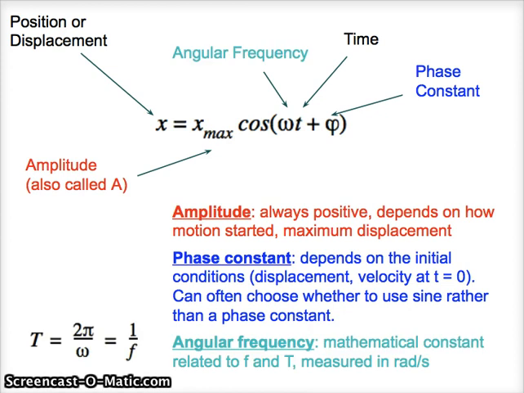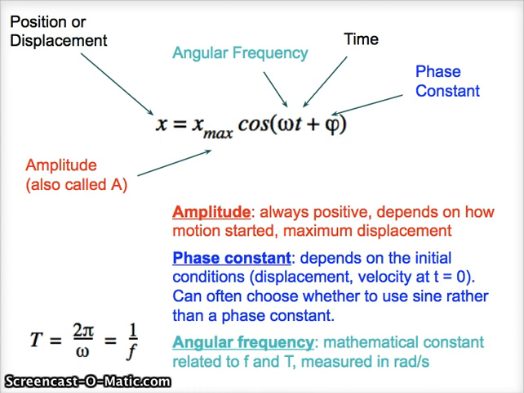But this last part, this omega, is very important. This is called angular frequency when we're talking about oscillations like this, as opposed to angular velocity when we were definitely talking about a circular motion. It is a value that is related to f and T, f and capital T period, but it is adjusted from those values so that it's in radians per second.